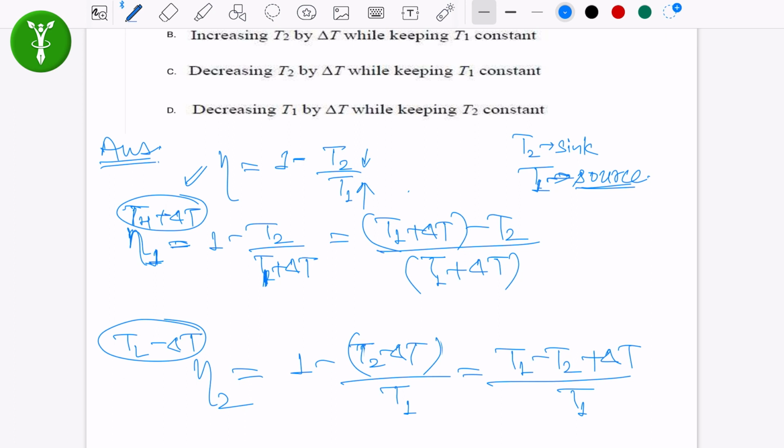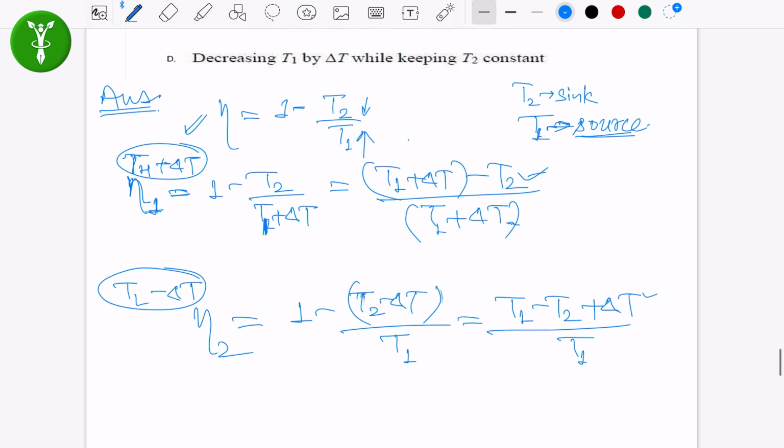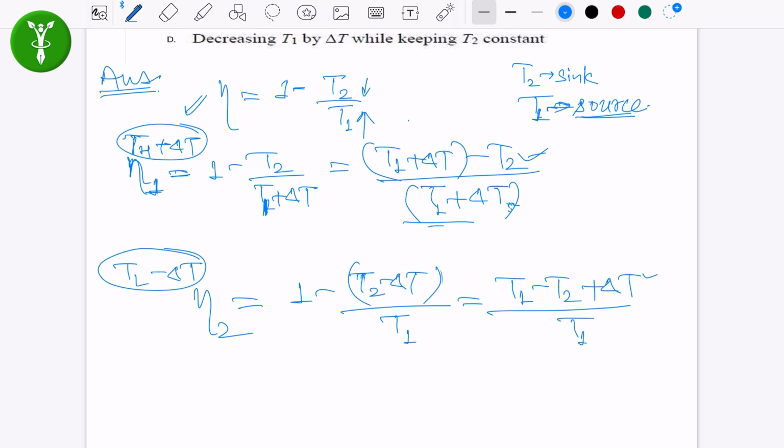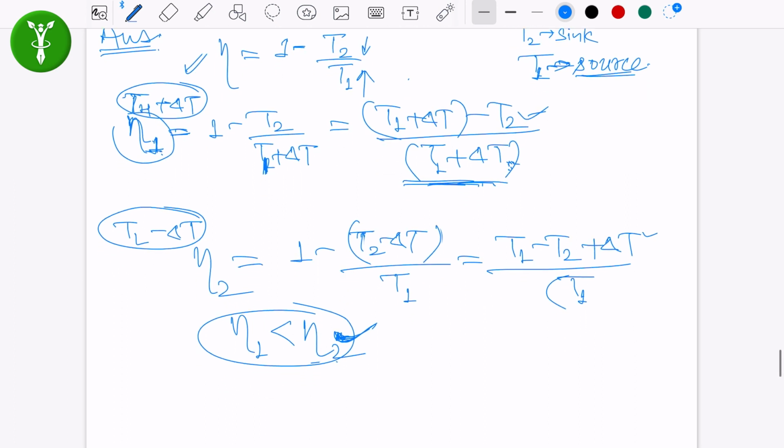So note that the numerator is the same in both cases, but the denominator is different. Here the denominator is higher in case of eta 1, so the whole value will decrease, but here only T1 is there. So efficiency in case 1 is less than in case 2, meaning decreasing the sink temperature by delta T will increase the efficiency the most.